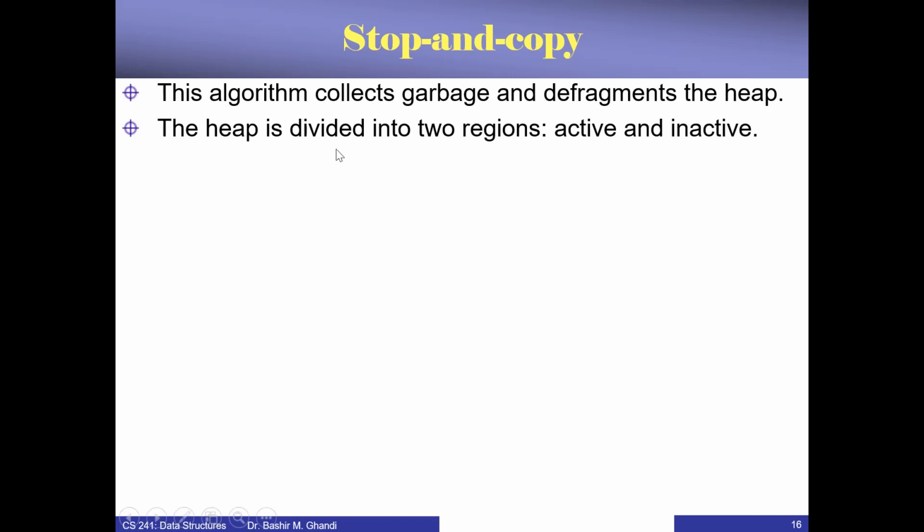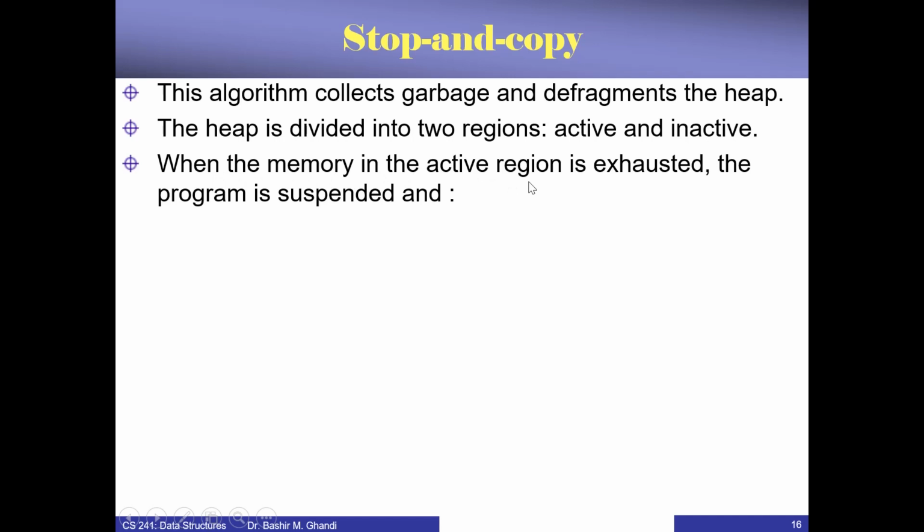It divides the heap into two regions, active and inactive. At one particular time, memory will only be allocated in the active part. So any request by a program, the memory manager will allocate from the active side only.